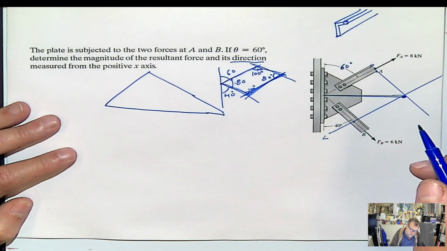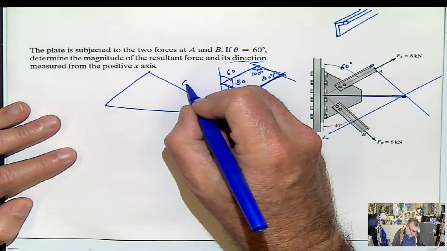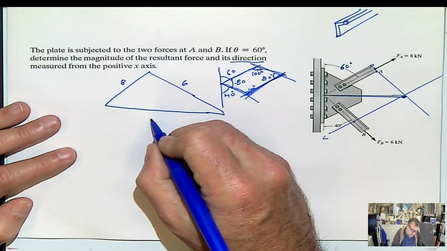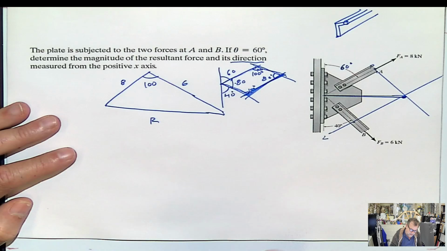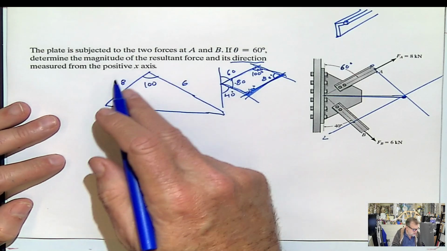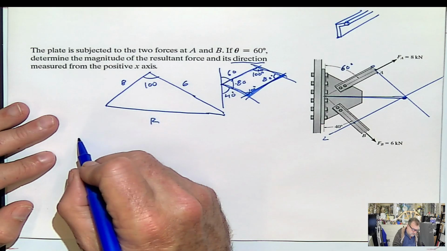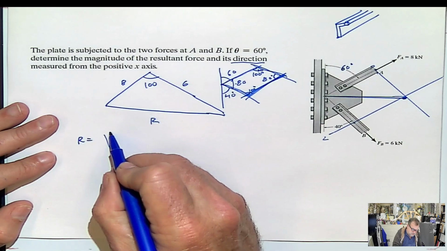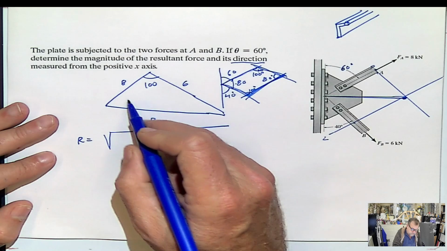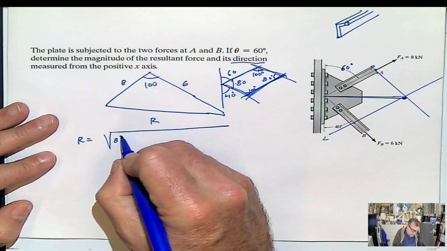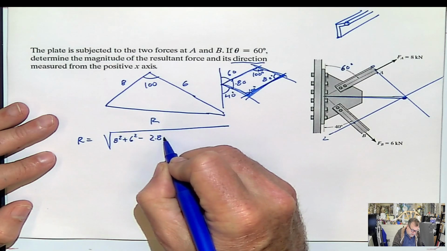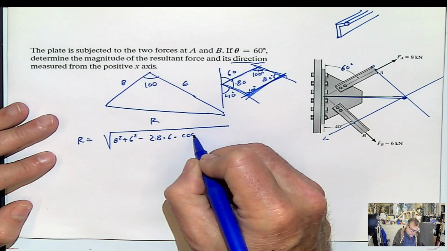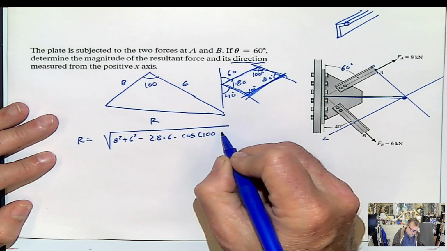This is 6, this is 8, this is my resultant force, and this is 100. That's what I need. And we can apply here the law of cosines and calculate the resultant force. It's going to be the square root of 8 squared plus 6 squared minus 2 times 8 times 6 times cosine of the angle between them, which is 100.